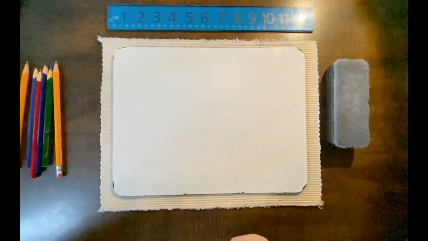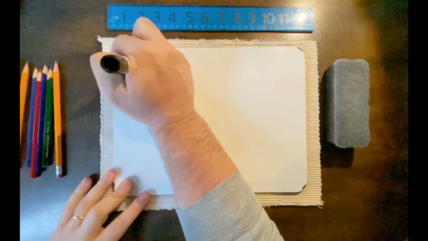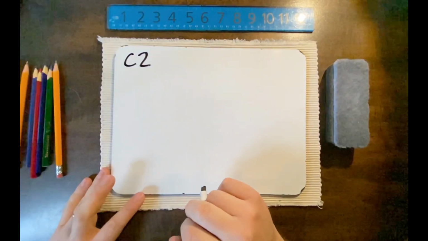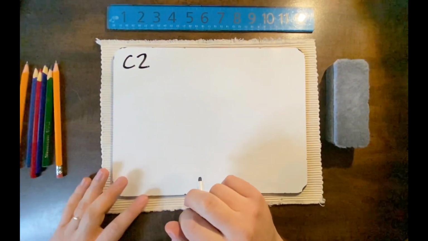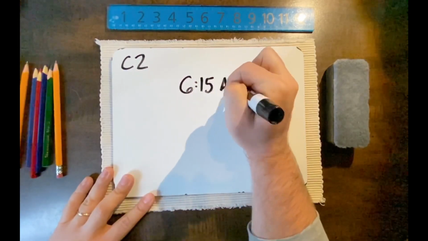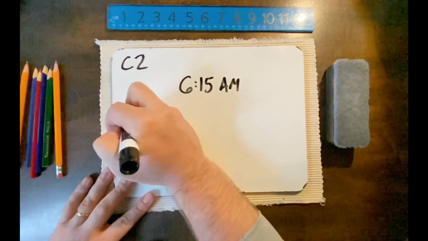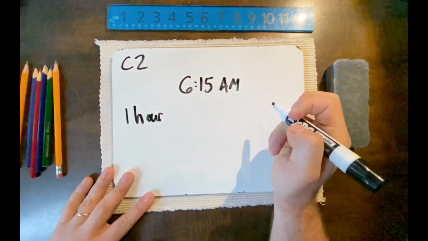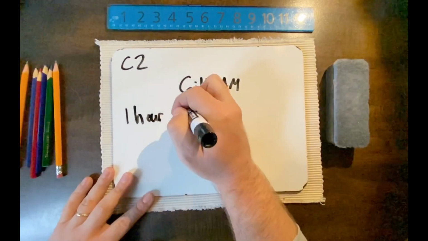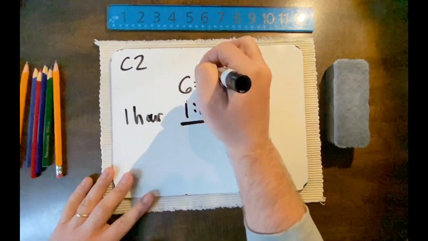All right, let's look at the next problem on that chart, word problem C2 in our elapsed time document. It says it is 6:15 a.m. Lucas will leave for school in 1 hour. What this could be is simply an addition problem.